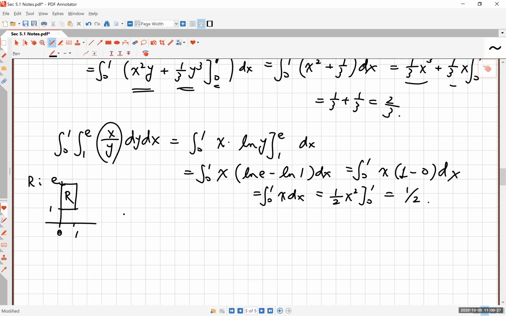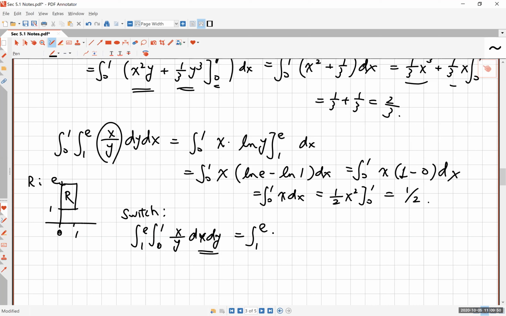Okay. You can switch the order. You should be able to switch the order. And if you're asked to do this in the other way, in dx dy, in that order, then you just change the numbers. And so it becomes dx dy, and the outside and inside bounds will switch with each other.